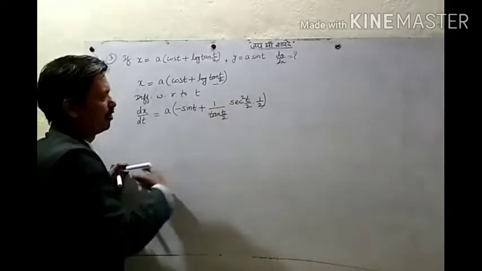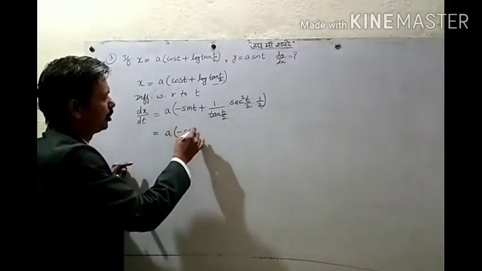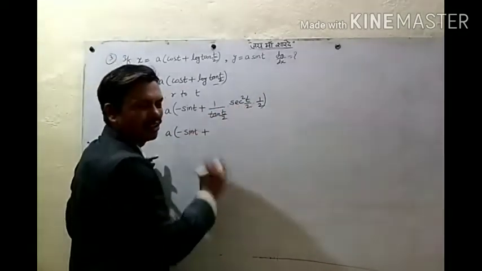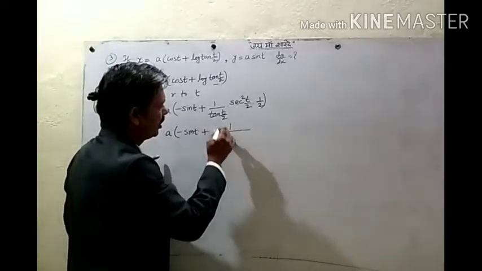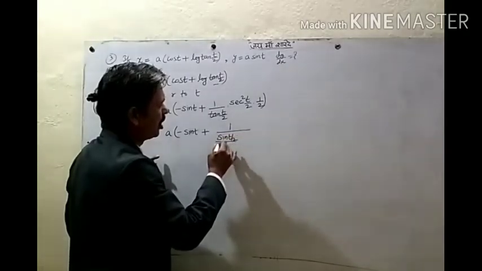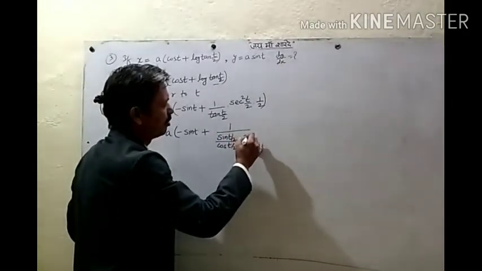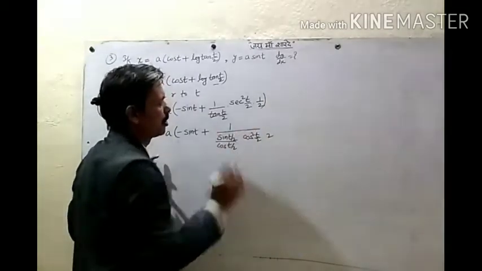Now this you can simplify. So it is equal to a times of minus sin t plus sec square 1 by cos square. And this tan is sin by cos, so sin t by 2 upon cos t by 2 into sec square is 1 by cos square into this 2 is there.